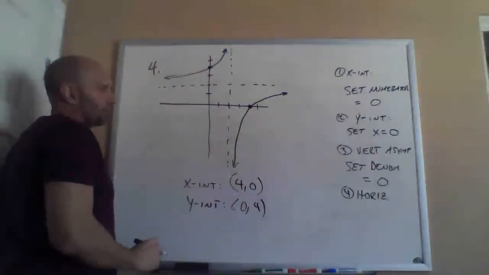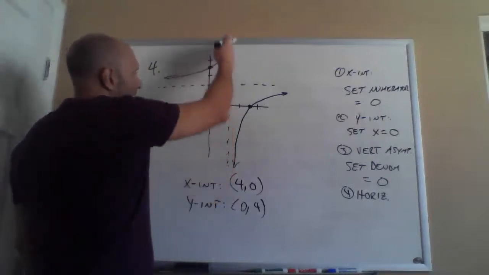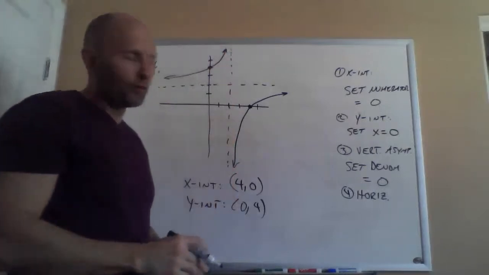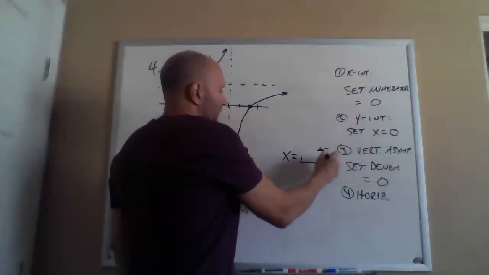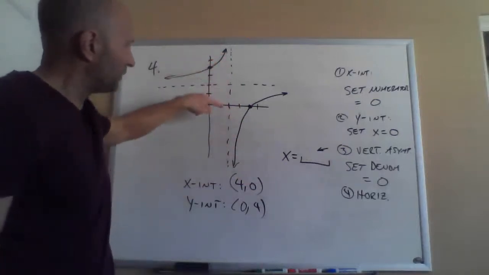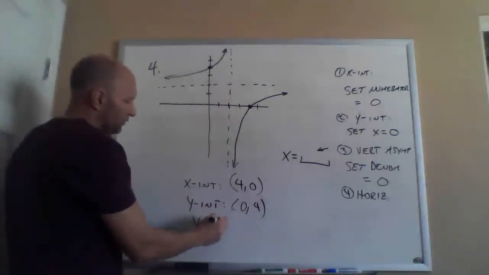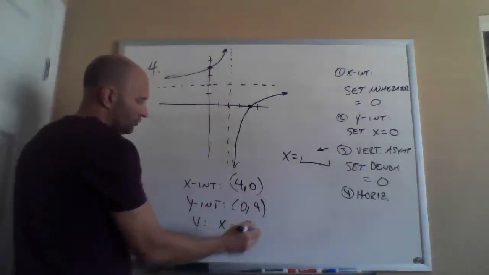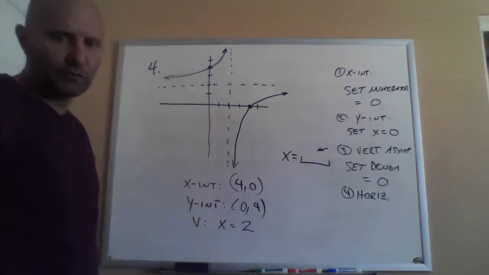Then we have our vertical asymptotes. That's where the dotted line is, the vertical dotted line. Vertical asymptotes are always going to have the form x equals some number. And that number is wherever the dotted line is going through. So it's going through 2. So the vertical asymptote is just x equals 2. I think it already gave you the x equals. I think you just had to enter in the 2 there.